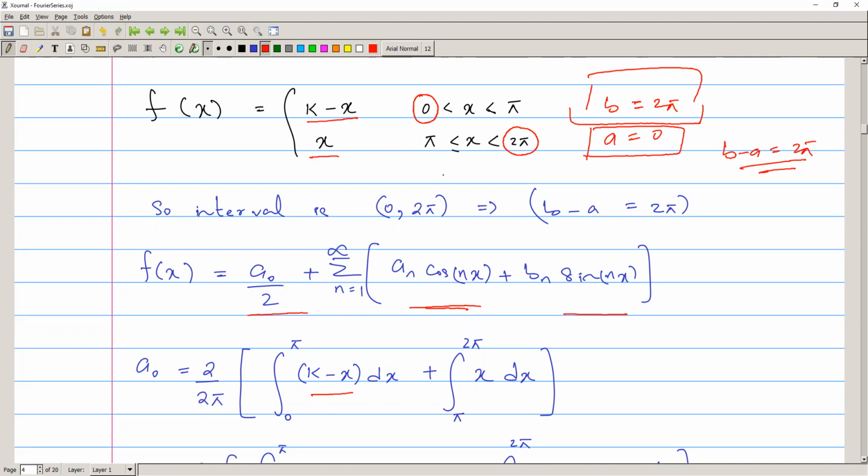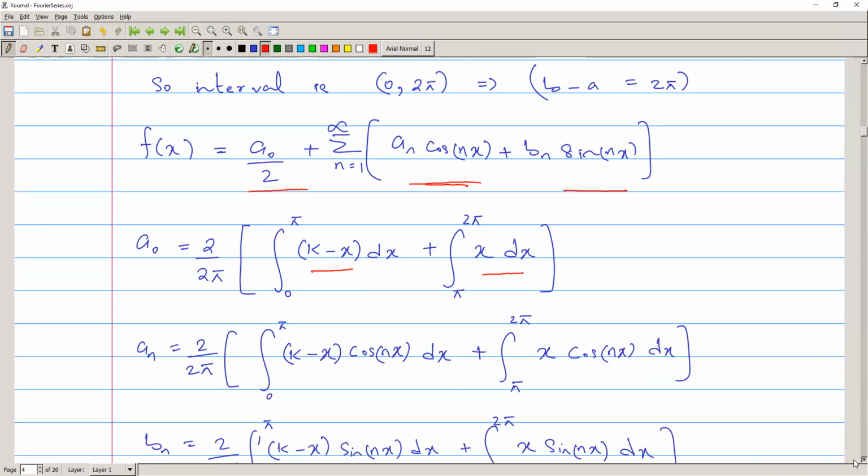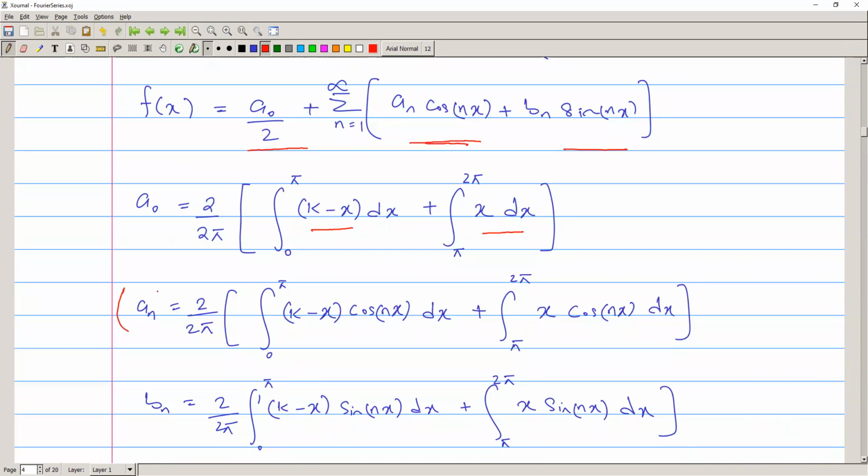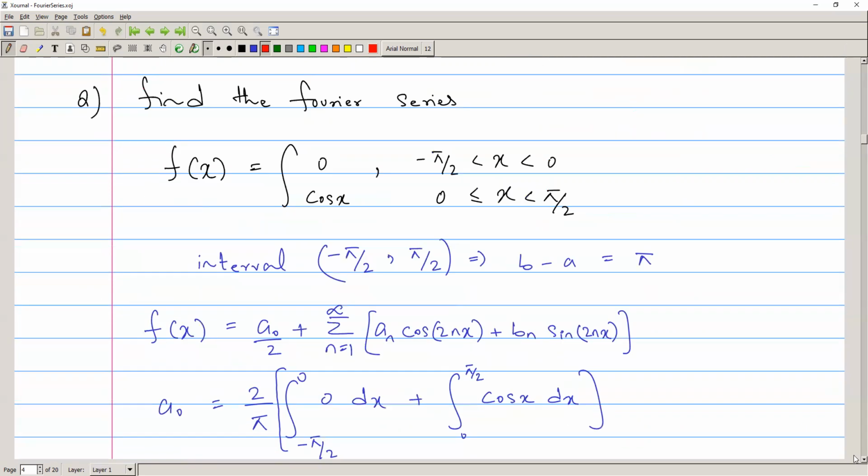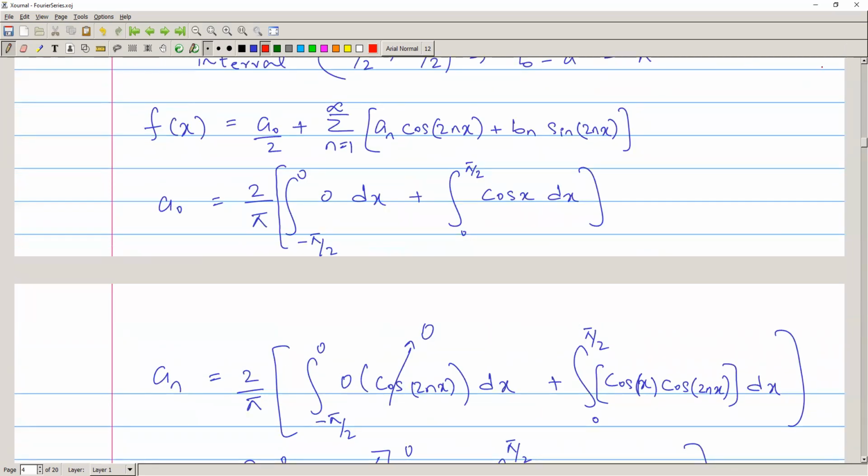Then from pi to 2 pi it's x, right? So it's obvious from the question that we have to apply the integral piecewise, right? And similarly for an, right? K minus x times cosine nx from 0 to pi, then x times cosine nx from pi to 2 pi, right? And similarly for bn.